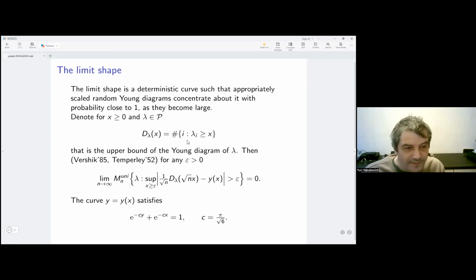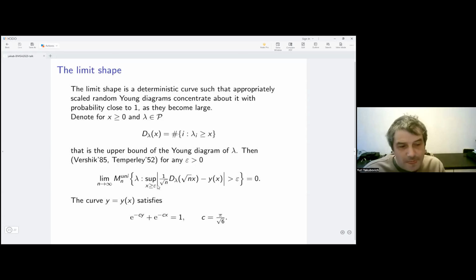There is a result which was shown by physical argumentation, and then strictly proved by Vershik in '85, and it reads as follows.